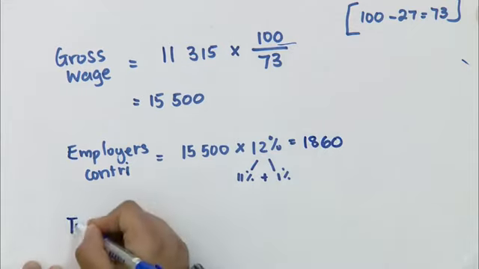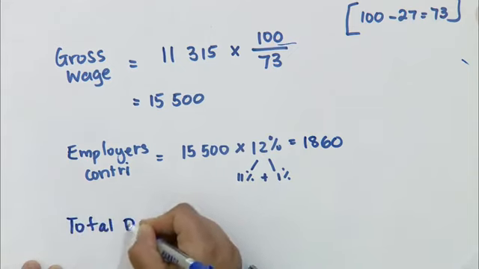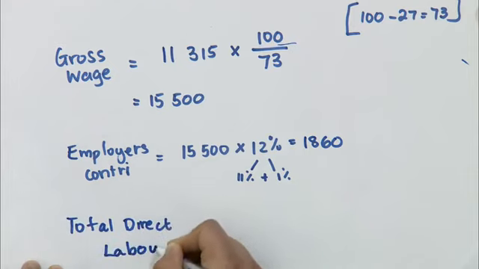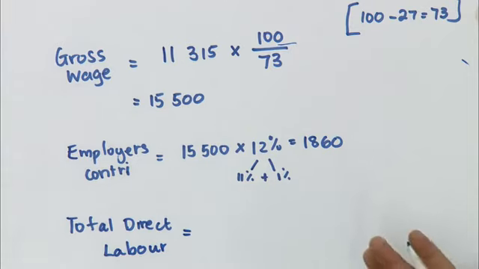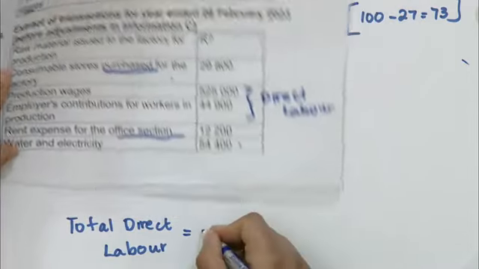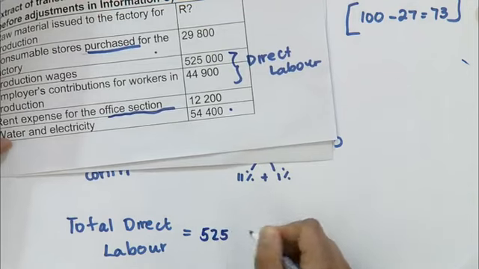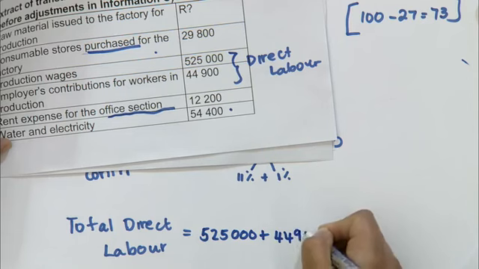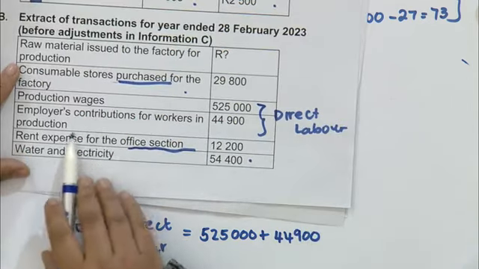So your total direct labor, what will it be? Assuming that we don't know what prime cost is, we are going to say, what labor did they give us? They gave us an amount of production over here, 5,000, plus 4,900. Where did I get that? Employer's contribution.